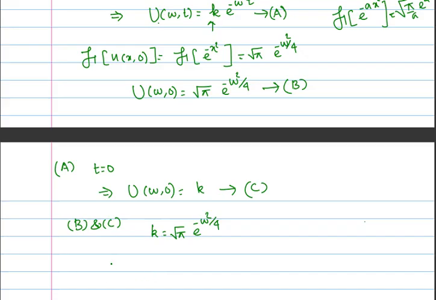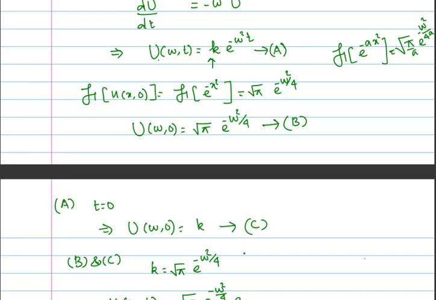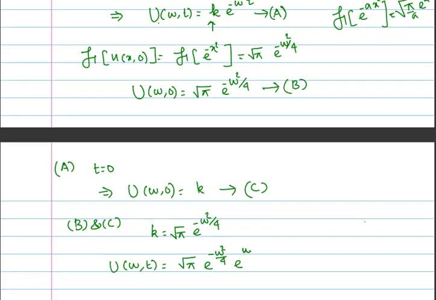Then my capital U of omega comma t equals square root of pi times exponential of minus omega square divided by 4 times exponential of minus omega square t.